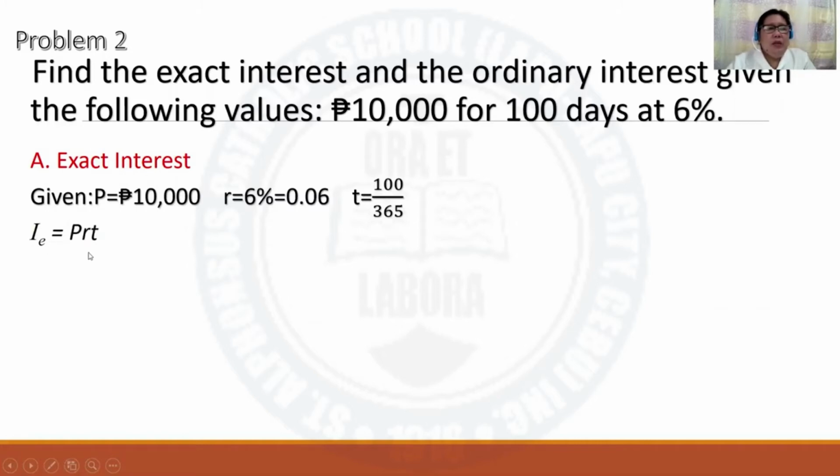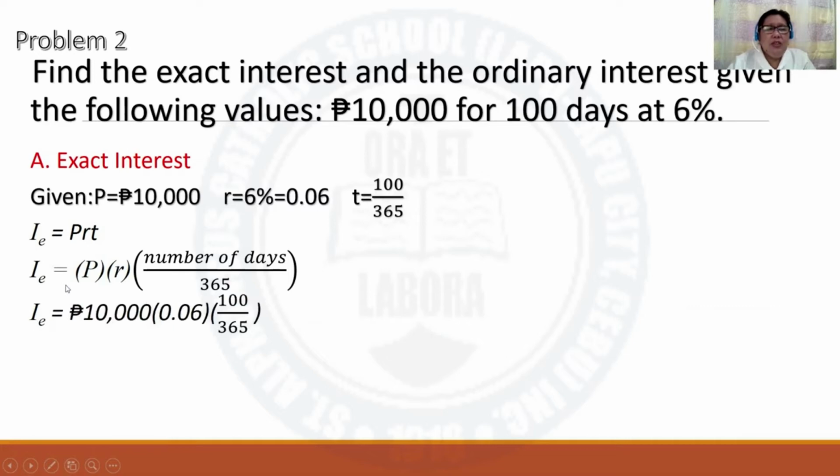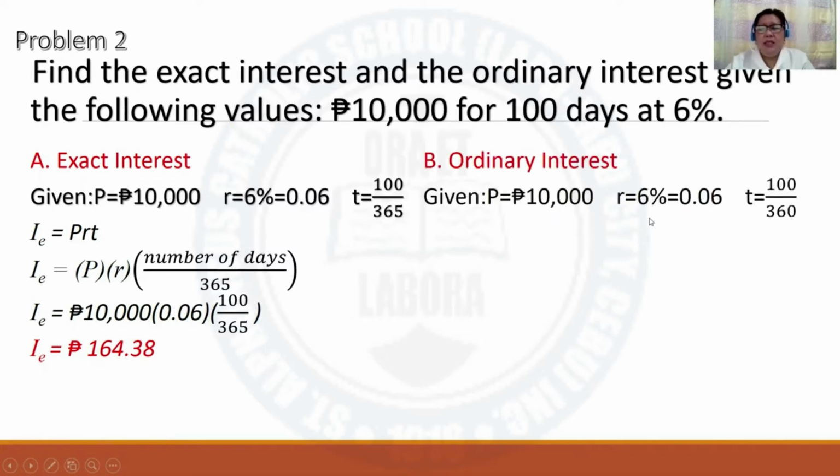So, I is equal to PRT, and then we convert T into number of days over 365 and substitute 10,000 to P, 0.06 to R, and 100 over 365 to T. And then when you multiply, the result is 164.38 pesos.